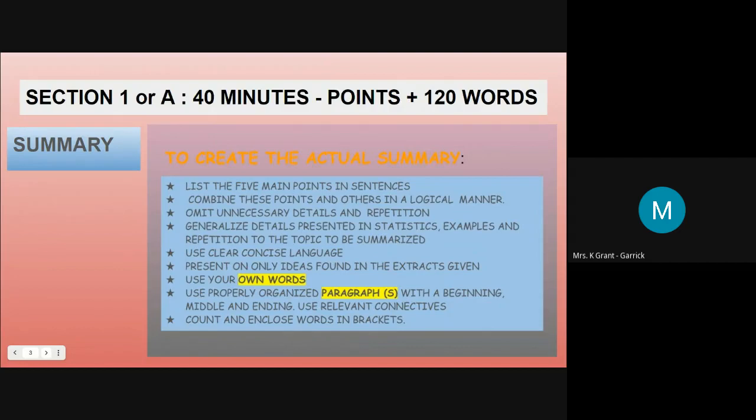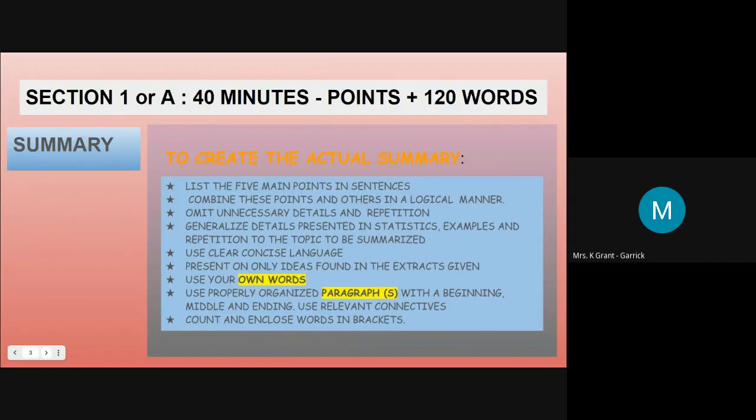Of course, you can look at the itemized information at the end of the extract for the topic, or you can just look at the title, because sometimes there is a title there to help you to zoom in on what you're expected to summarize.